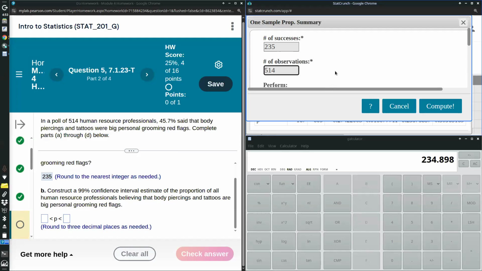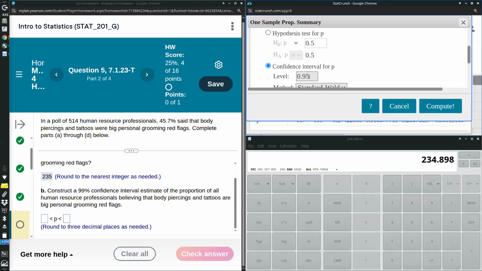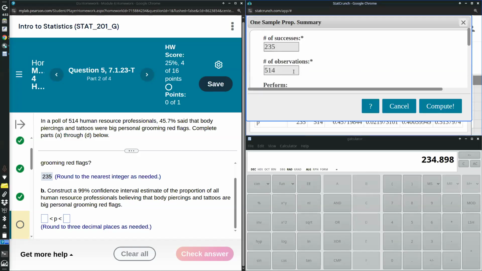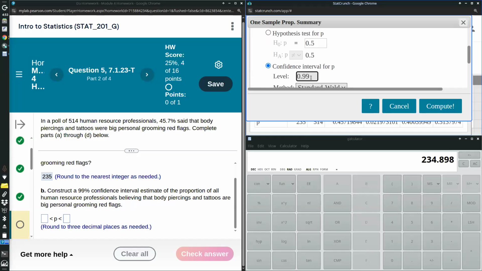So again, we have 235, 514, and we want to change that level to 99, and we compute. But let's just check that real quick. Notice for 99%, we got 0.4005 and 0.513. Notice what happens if I edited that and made that a 95%.